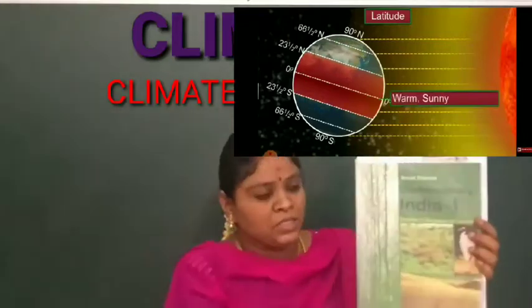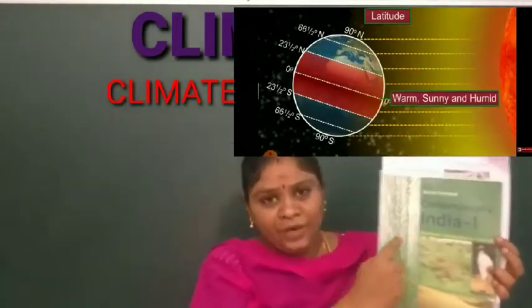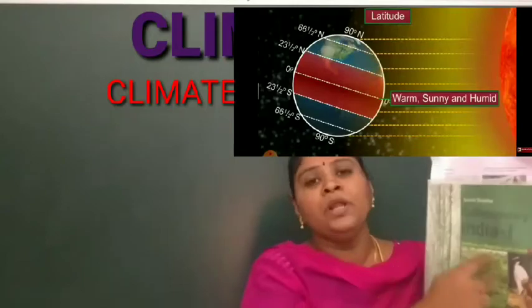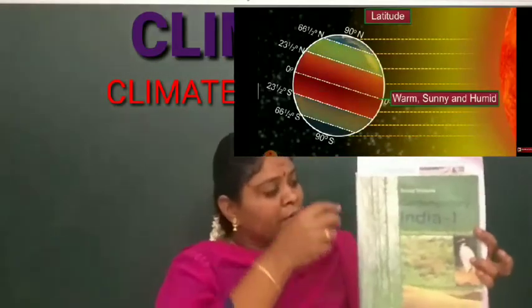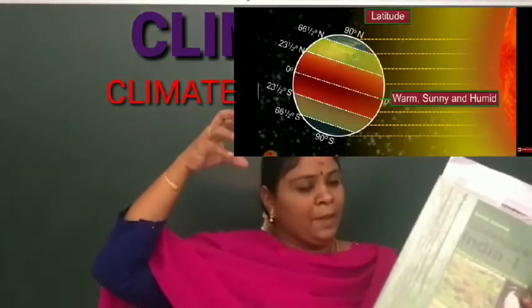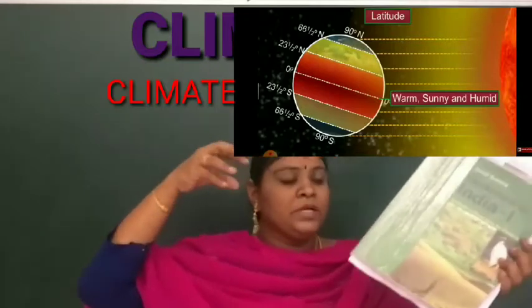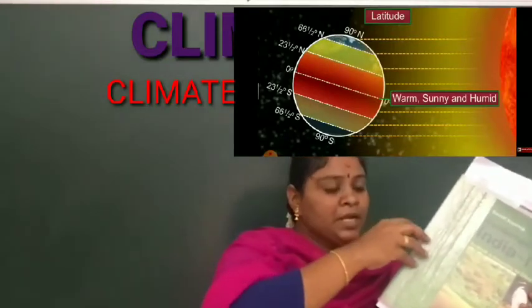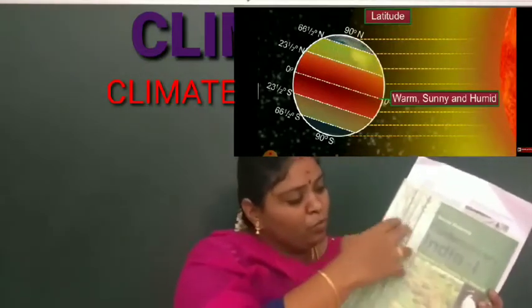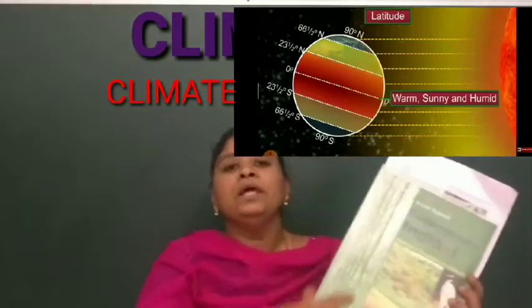Similarly, if you imagine this as a globe and this as the equatorial region, the equatorial zone at 0 degree, and it is focusing here, the globe is tilted. You can find the sun rays entering will move to the smaller regions alone.